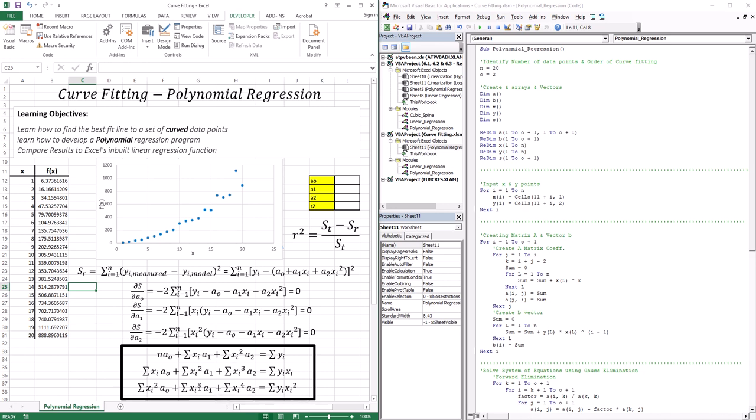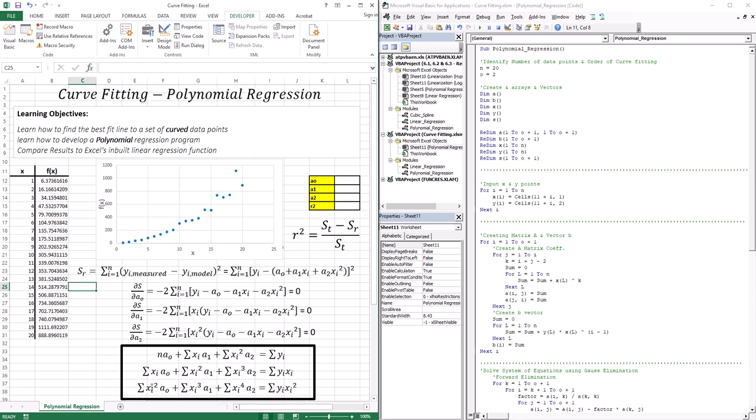Now let's look a little bit closer at the matrix. Now the matrix is defined in terms of the data points, much like the two equations that we derived in the linear regression were defined only in the data points. We find that it's defined in terms of n, which is the number of data points that we have. In this case, we have 20, and it is defined in terms of the sum of all the x points, and also the same sum we have down here. We have the sum of xi squared.